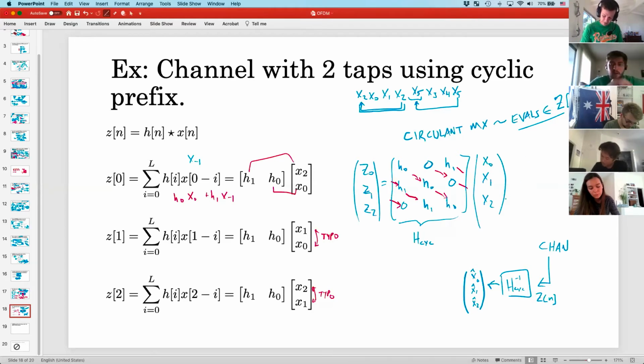So what this means is that you can always write H cyclic as a unitary matrix times a diagonal matrix of eigenvalues, times another unitary matrix. So this lambda matrix is diagonal with eigenvalues on that diagonal.